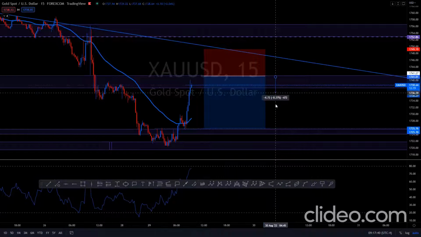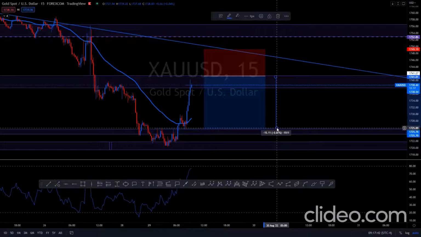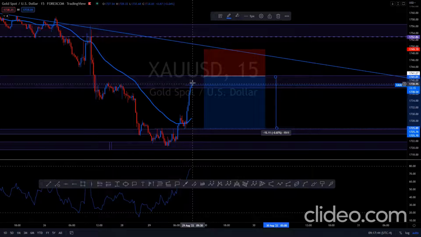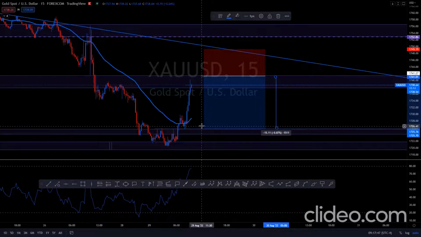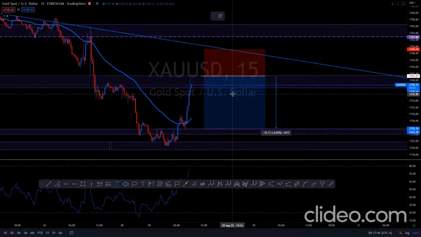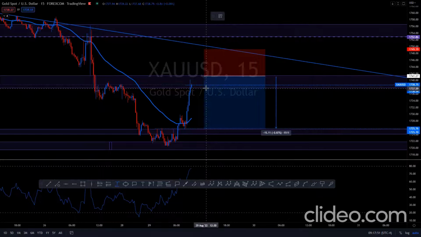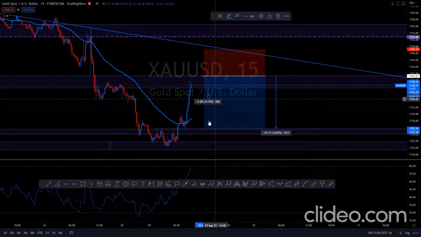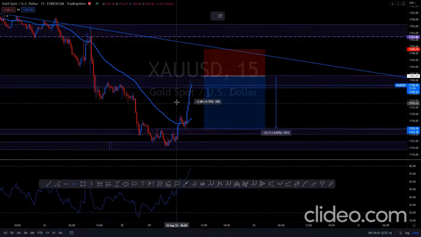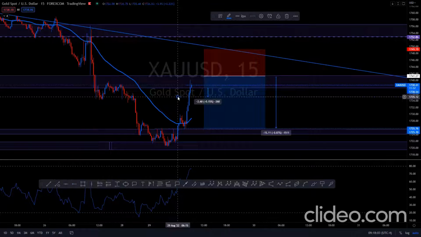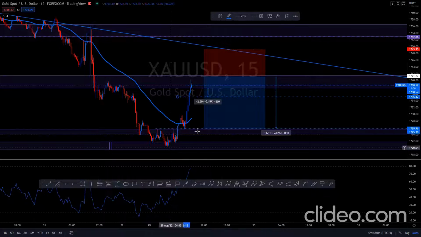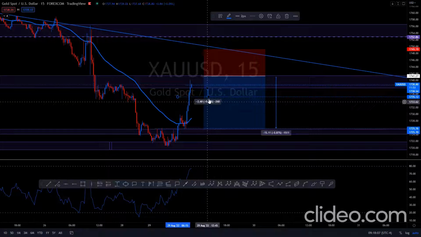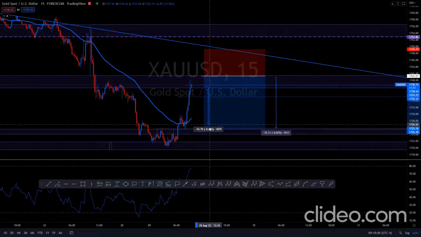Now this is plan A. Now, if price happens to just hit this zone and immediately drop down, then probably from the bottom of this candle is where I'm going to enter, and I'm going to get a little bit over 250 points right here. And then ultimately get this liquidity down here.